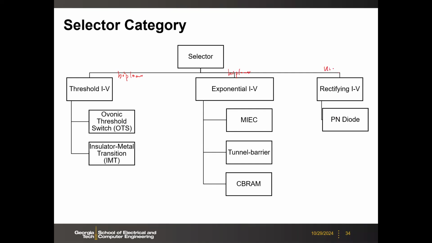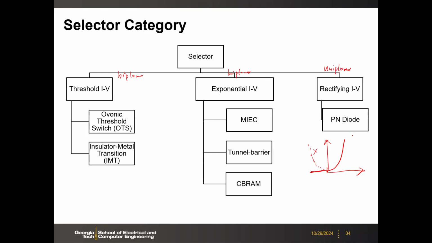But then you could have unipolar, one directional, IV, right? So we talked about the threshold and exponential IV, but for the rectifying IV, it's just one directional. For the p-n junction, the other side is always a small current.